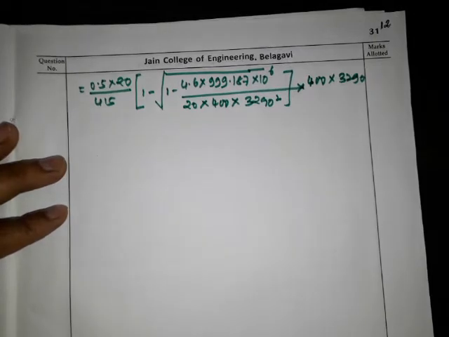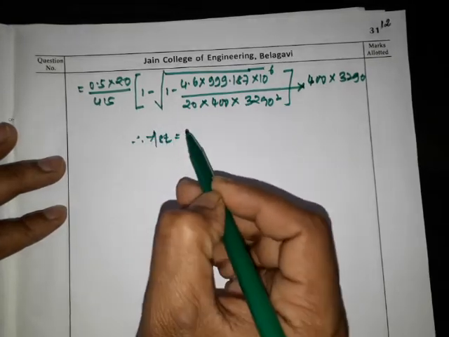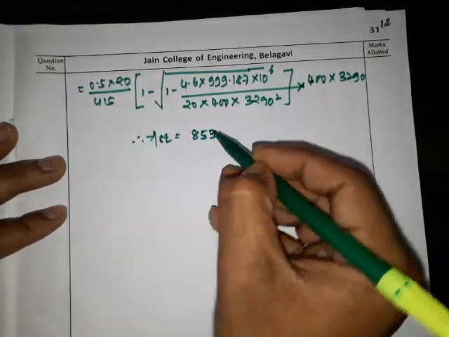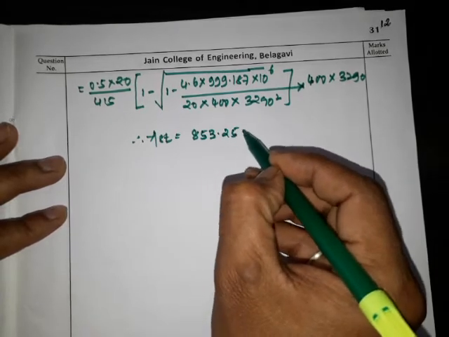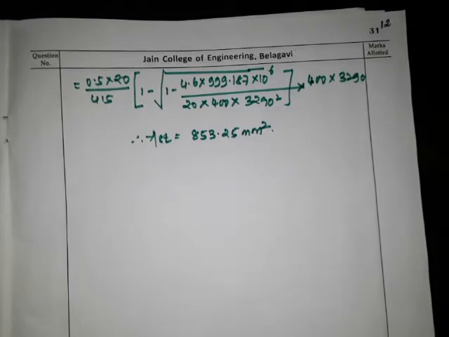Okay, so therefore we get AST is equal to 853.25 mm square. This is the AST we want. But you have to check for AST minimum also.